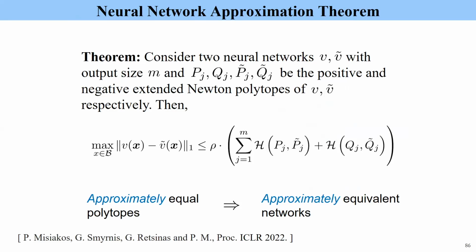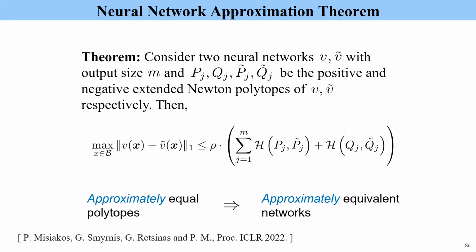If we have two neural networks with functions V and V tilde correspondingly, with output size M, and PJ and QJ are their corresponding polytopes for the positive and negative coefficient terms, then the neural network with function V is approximated by the neural network with function V tilde in a way so that their L1 norm over a ball B is upper bounded by the sum of the Hausdorff distances between the positive polytopes and the Hausdorff distances of the negative polytopes over all output neurons.